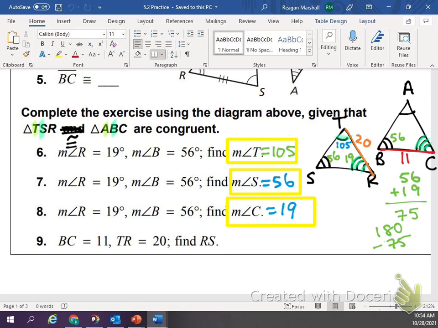And we want to find RS. Okay. So what does RS correspond with on the other triangle? Yeah, CB. So if they correspond together, they're congruent to each other. So then what is the length of RS? 11. So remember that sides equal sides, angles equal angles.